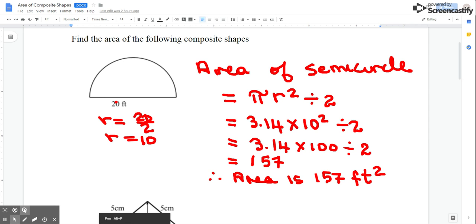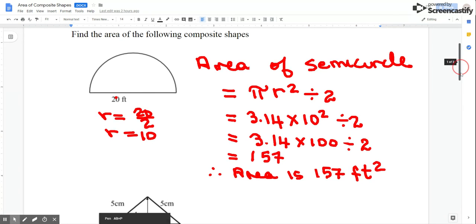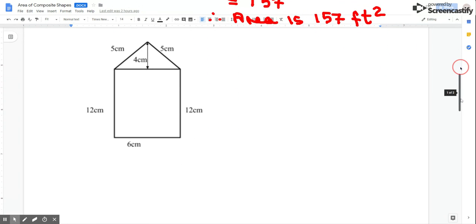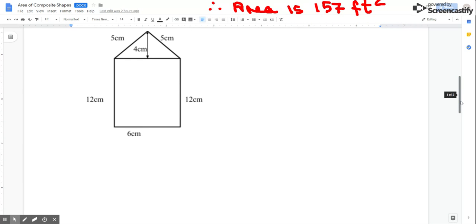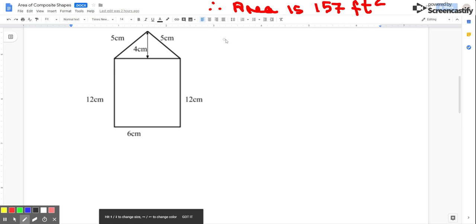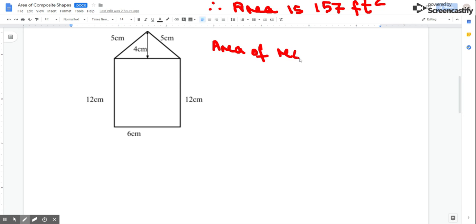Now let's look at our other example. This is the area of a rectangle and a triangle. So what we're doing is area of rectangle, because it's a composite shape.